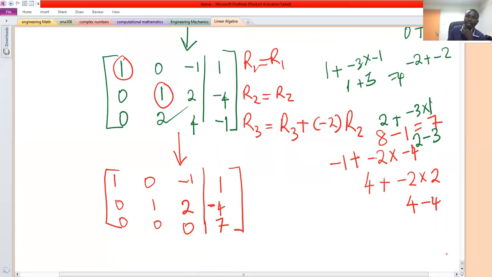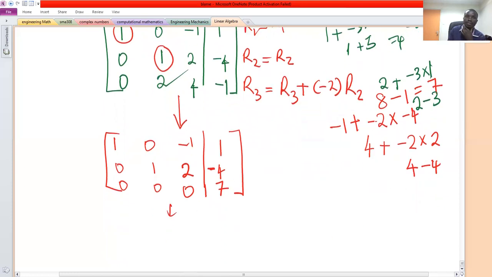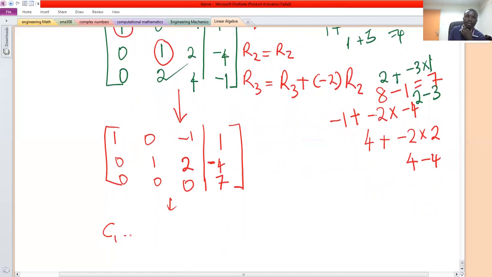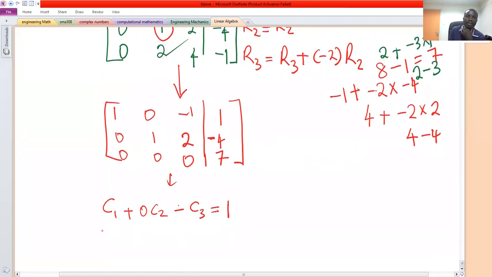From this, it implies that I have the system C1 plus 0C2 minus C3 equals 1, and then 0C1 plus C2 plus 2C3 equals minus 4.